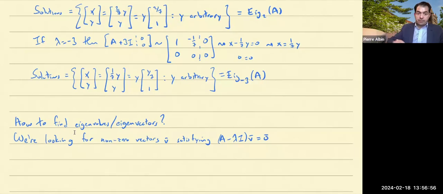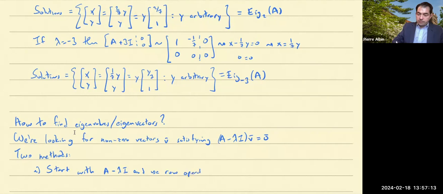Right? So we have two methods. The first method: start with A minus lambda times the identity and use row operations to determine when a reduced row echelon form has a free variable.